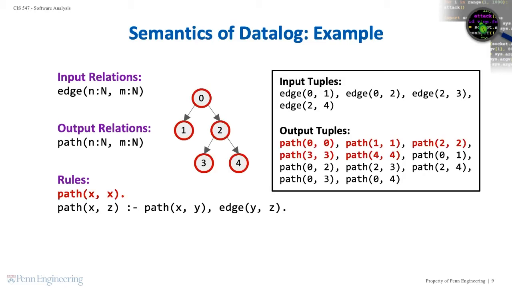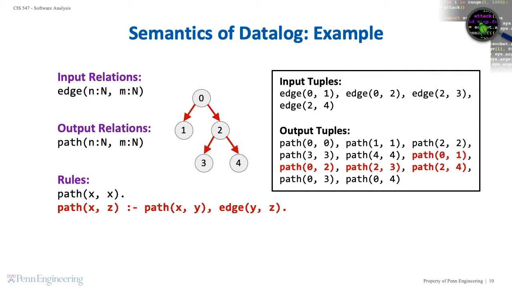Applying the first rule, path x, x produces all paths of length 0, represented by the following tuples in the path relation: 0, 0; 1, 1; 2, 2; 3, 3; and 4, 4.